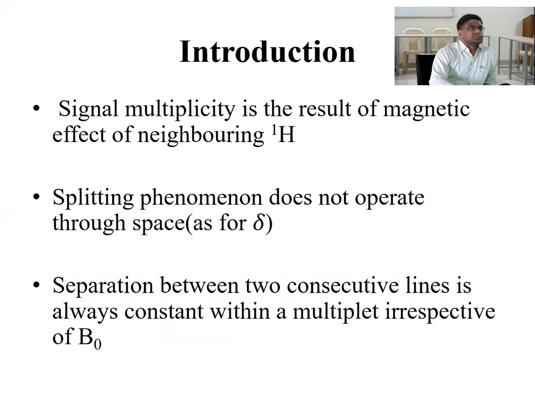Here, introduction. What is spin-spin coupling or spin-spin interaction? See here, signal multiplicity is the result of magnetic effect of neighboring protons. As we have discussed in the previous slide, signal multiplicity is the result of magnetic effect of neighboring protons.